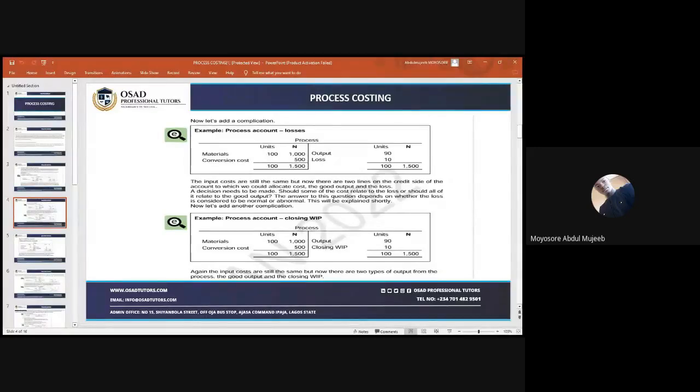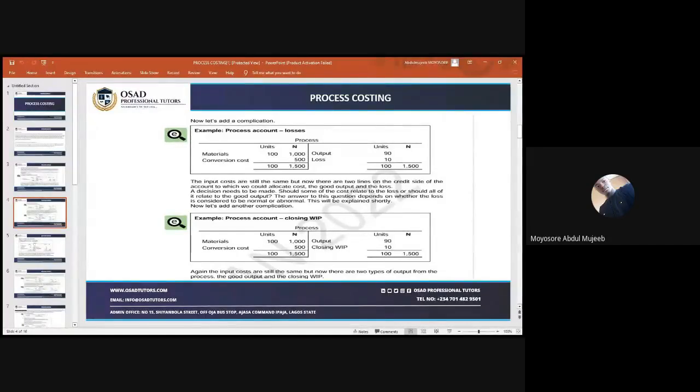Now, during production you initially are going to use 1,500 naira to make 100 units. Please, are you with me? But at the end of the day, after production, all you could get out of it is 90 units, and you have a loss of 10 units.